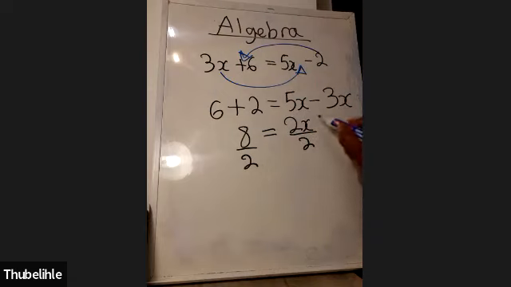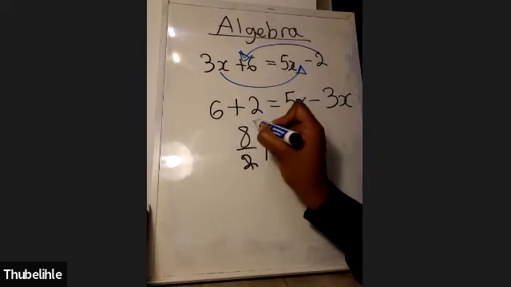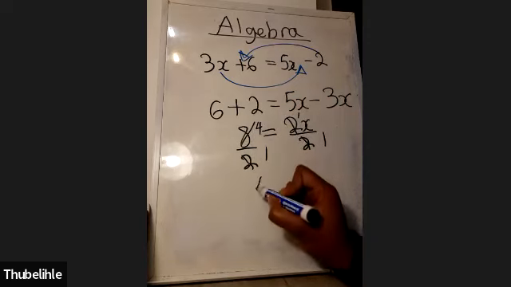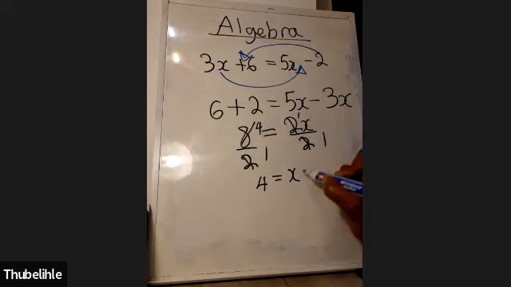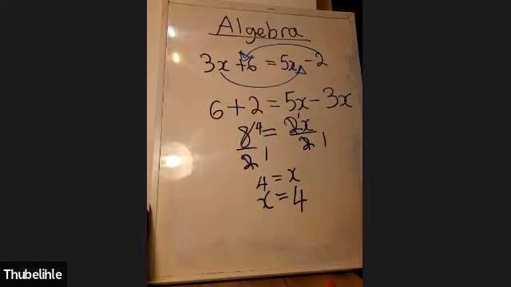So 2 into 2 is 1, so we basically have 1x here. Okay, so our answer is x is equal to 2 into 8, which goes in 4 times. So we're left with 4 is equal to x, but it is preferred to write it as x is equal to 4.